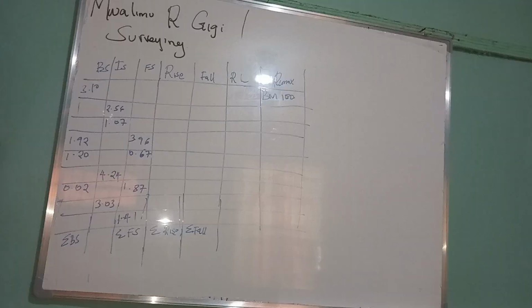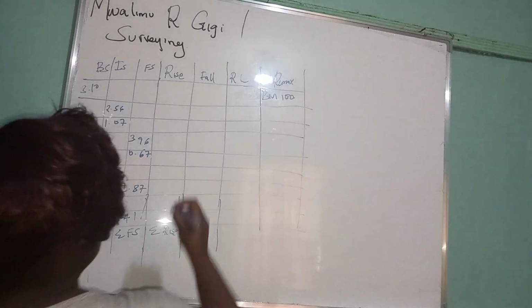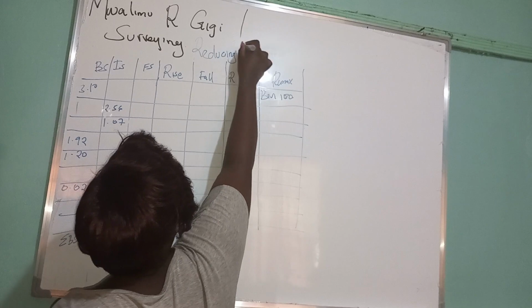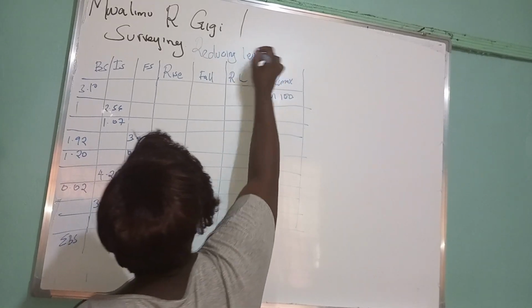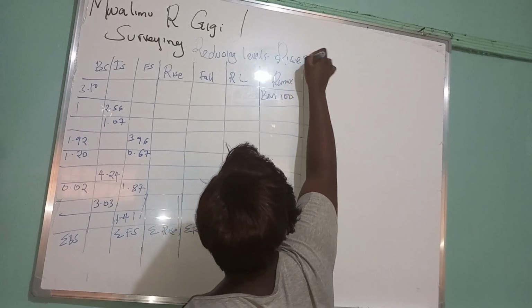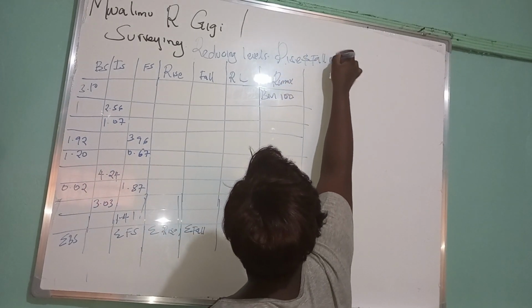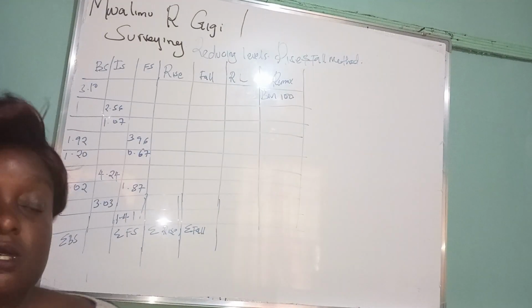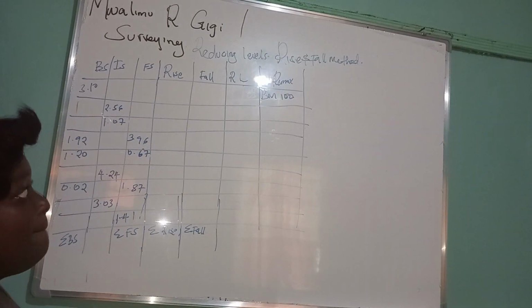So today we want to reduce the level. We want to use the rise and fall method.